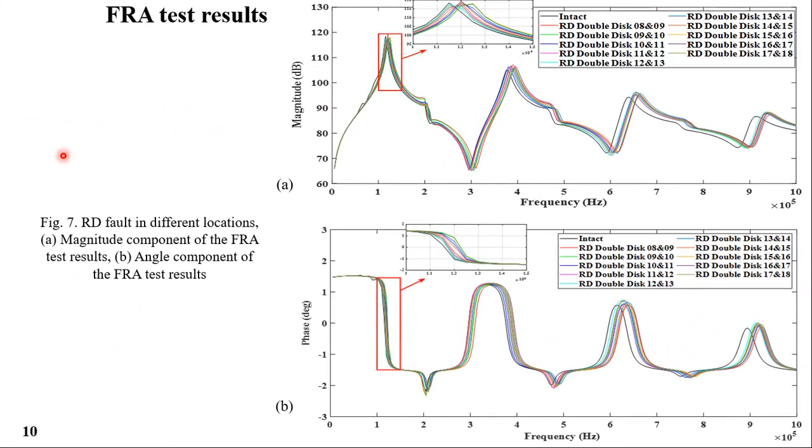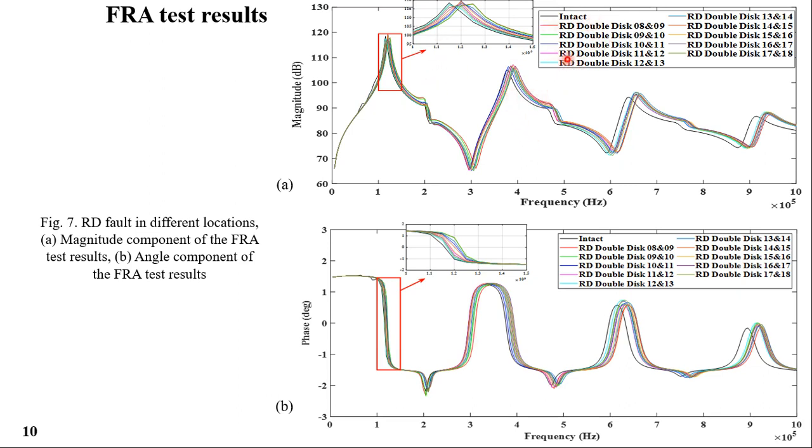The FRA test results have been shown in this figure. You can see both diagrams related to intact and deformed states of the windings, and the FRA signatures related to these states.